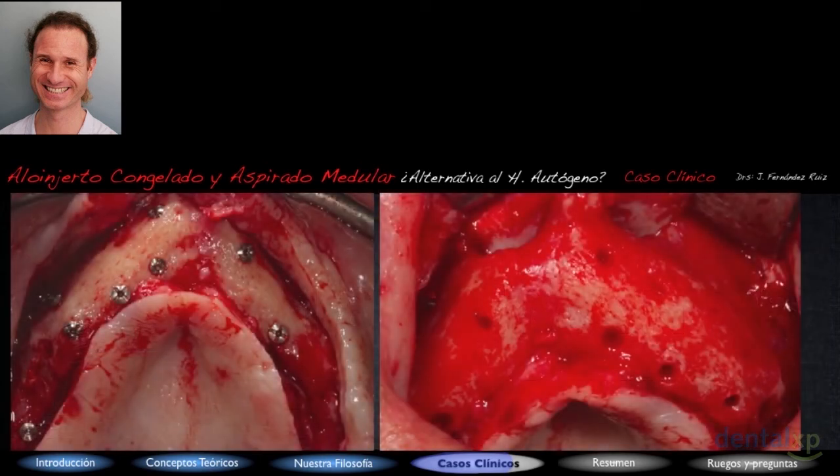And this bleeding aspect gives us the certainty that we have a viable, vital bone.